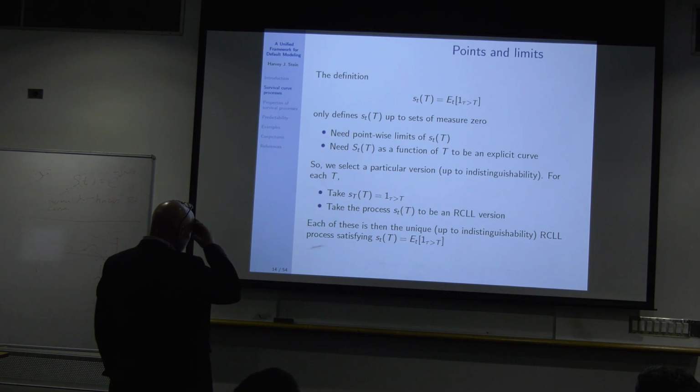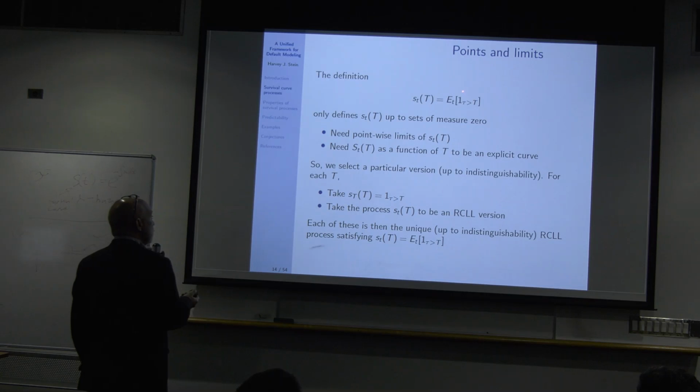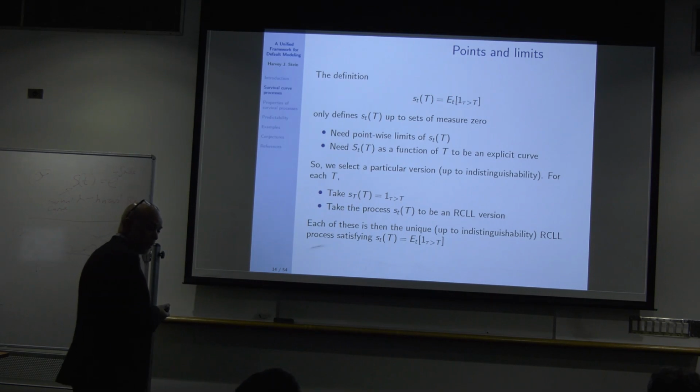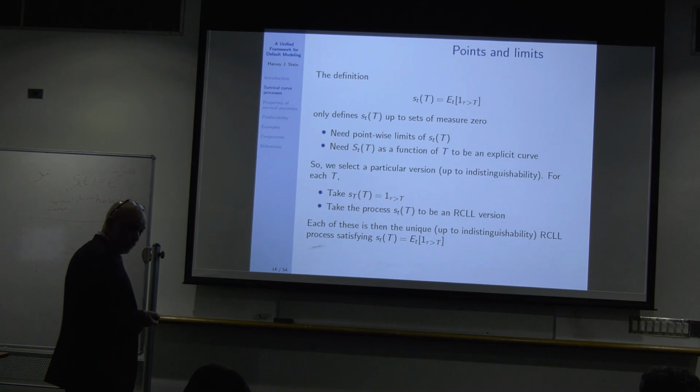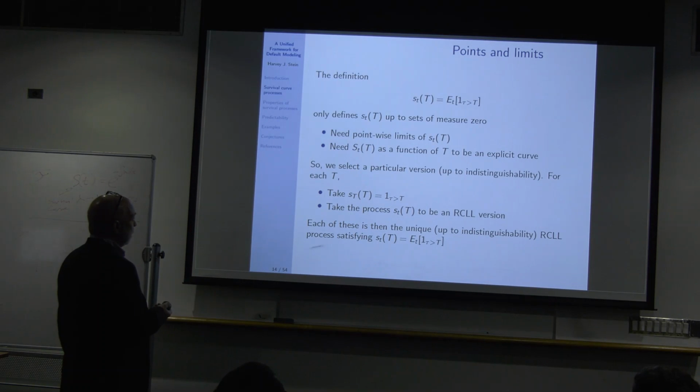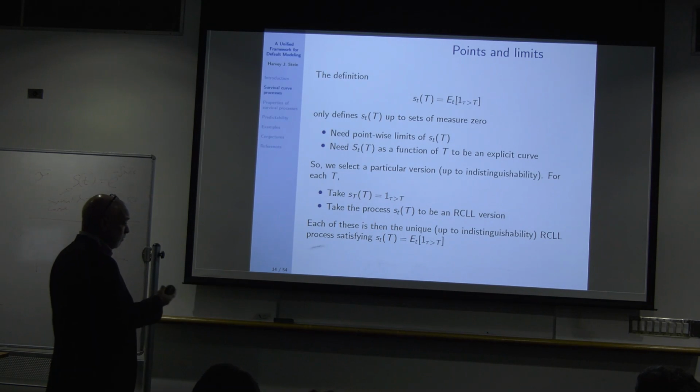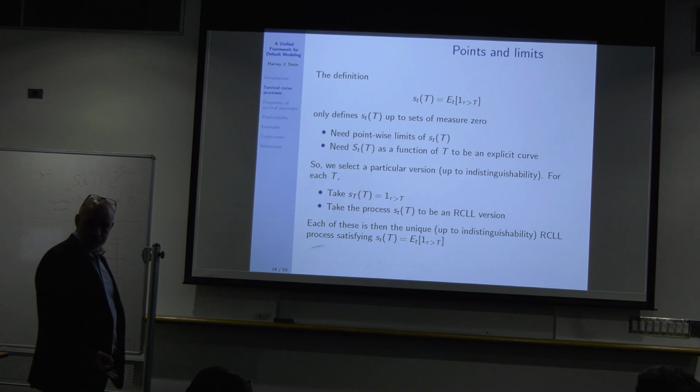Now one technical complication is we're defining the survival curve process by conditional expectation. You'd think this would give you a process, but it doesn't exactly give you a process, right? Because it gives you a process up to indistinguishability, meaning that the t expectation of this random variable is anything which gives you the right integrals, that's known up to measure zero sets.